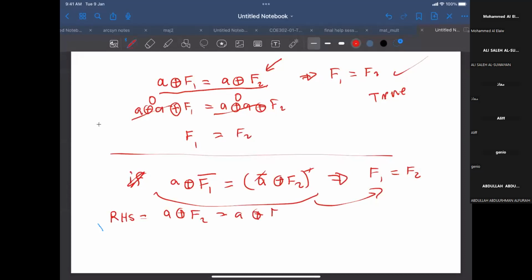We don't need to manipulate it. So if you XOR both sides with A, you get F2 equals F1 complement, which contradicts with this. So this is a false statement. Anyone is confused about this?